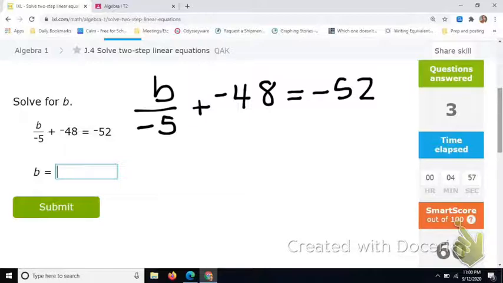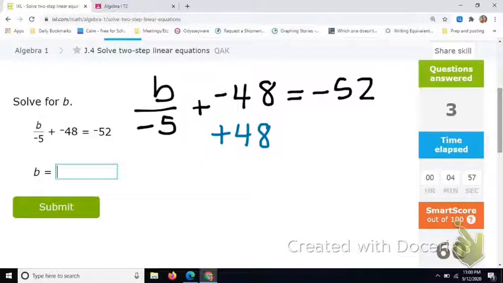So while this says add, think about what you're adding to the b. You're adding a negative. You want to get rid of that -48. So we're going to add a +48. Keep in mind that adding a negative in the equation to start with is the same thing as if it said subtract.